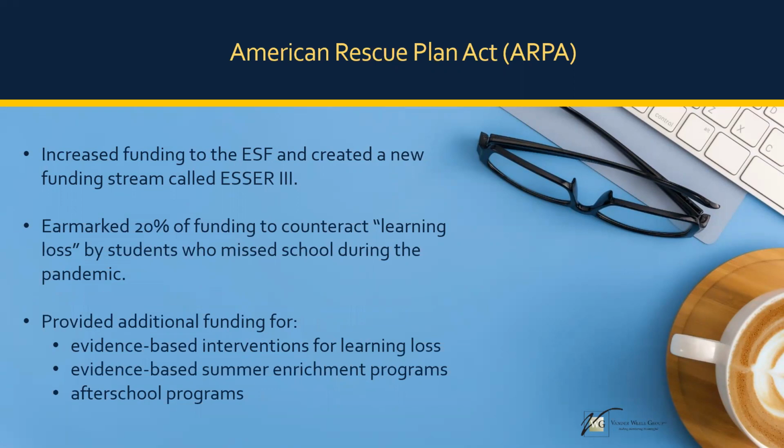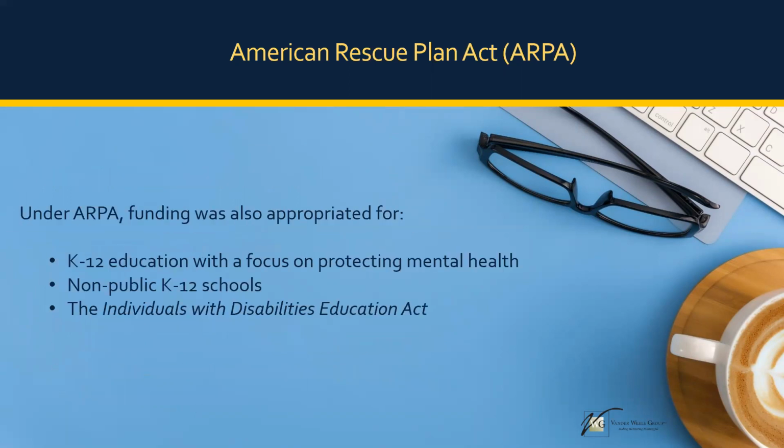It also came up with some funding for additional purposes, including that evidence-based interventions had to be applied for learning loss in summer enrichment programs, provided funding for after-school programs, focused a lot on mental health for K through 12 education, provided funding for non-public K through 12 schools through the GEER funds, and allotted funding for the Individuals with Disabilities Education Act, or IDEA.